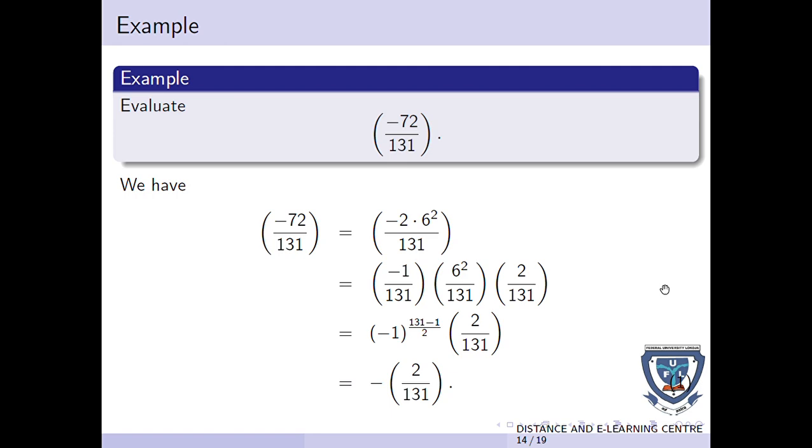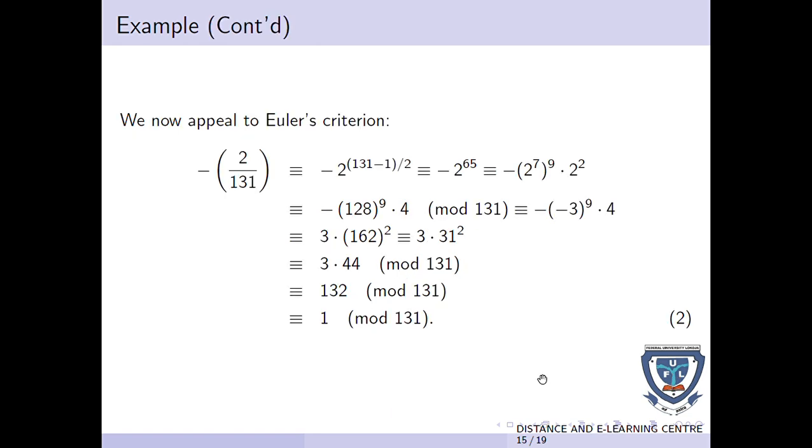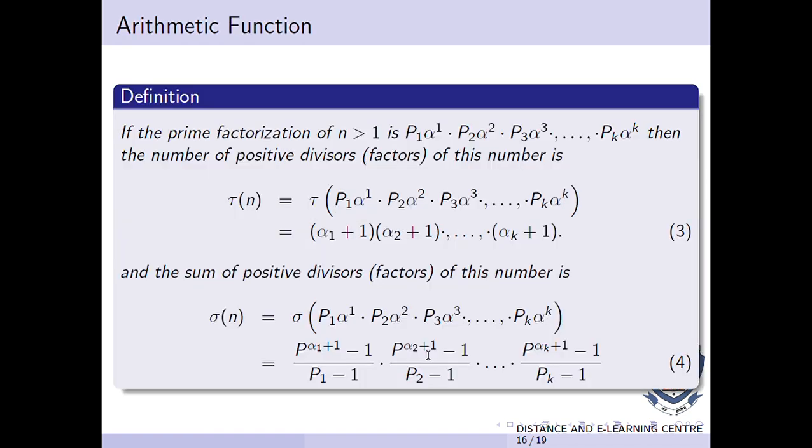It gives us minus 1 over 131 times 6 squared over 131 times 2 over 131. When you apply Euler's criterion here, you're going to have minus 2 over 131. Continuing further, we expand 2 over 131 to see what it gives us. At the end, we have 1 modulo 131, telling us that it's a quadratic residue.